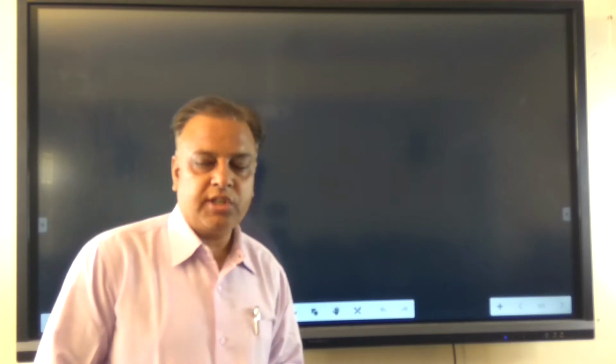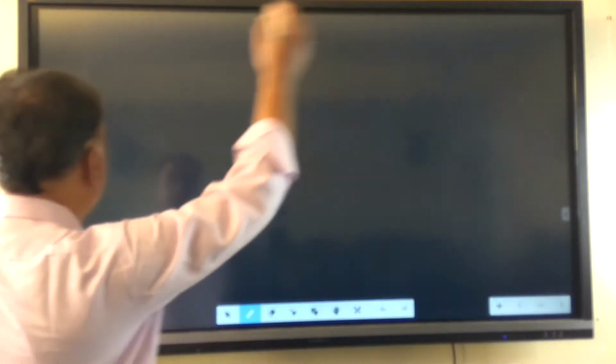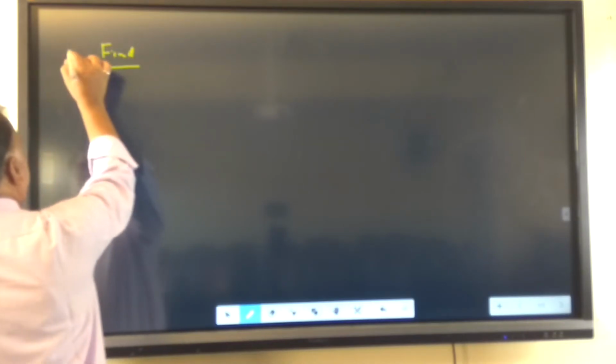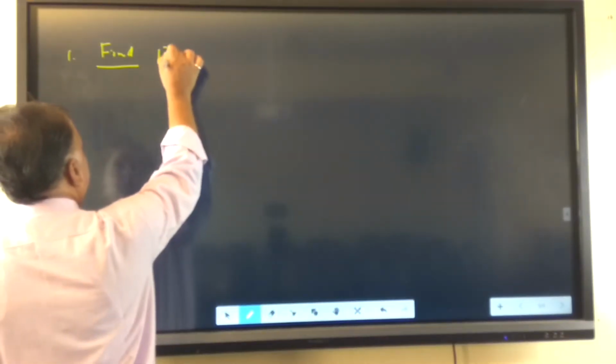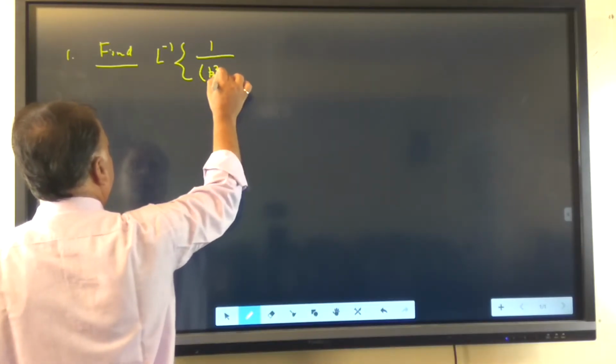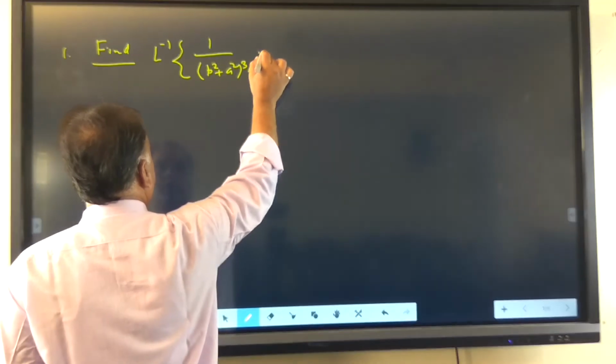First, a slightly different problem of the inverse Laplace transformation: you have to find the inverse Laplace transformation of 1 upon (p square plus a square) whole raised to 3 by 2 with respect to x.